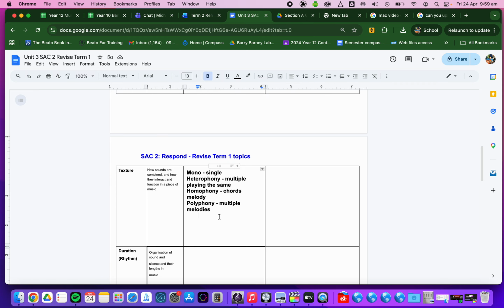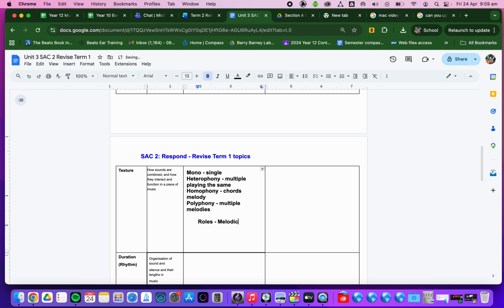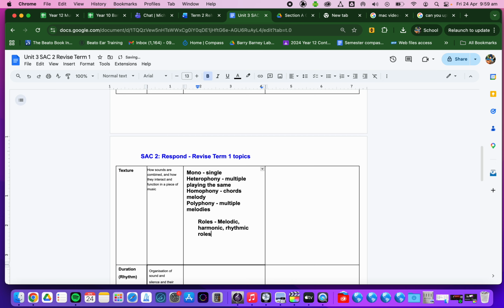What else can we say about texture? You can talk about the roles of the instruments. So there are melodic roles, harmonic roles, and rhythmic roles. They're the main three. There might be some other ones.